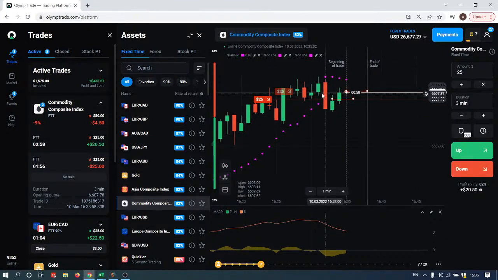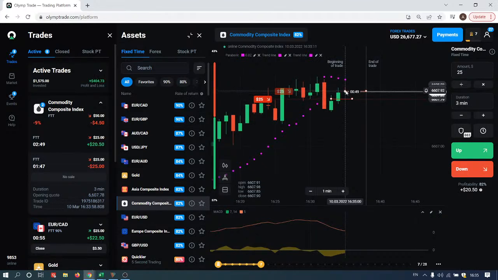And we can open another trade, again in the downwards direction, because the signal is still there.